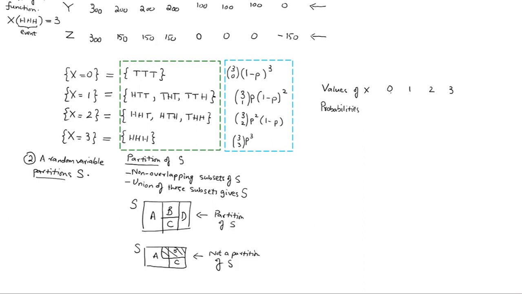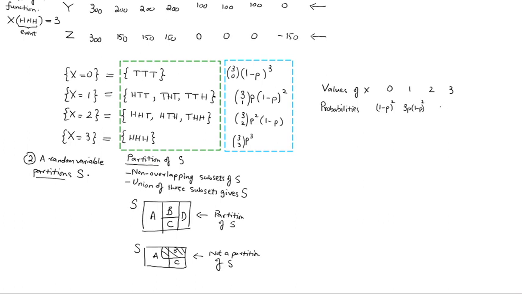Okay. So what is the probability that x takes the value 0? You just computed this. Quickly. One minus p cube. Yes, 1 minus p cube. What is the probability that it takes value 1? 3p 1 minus p square.